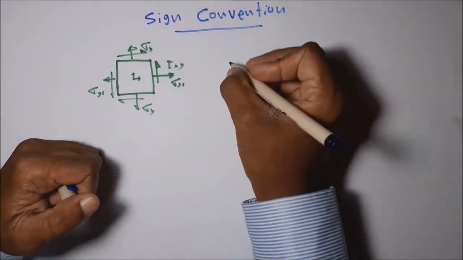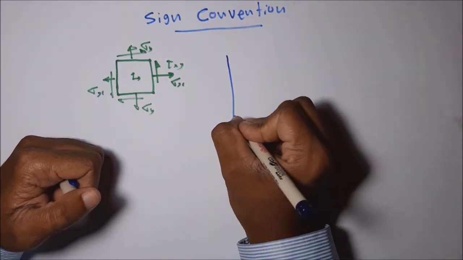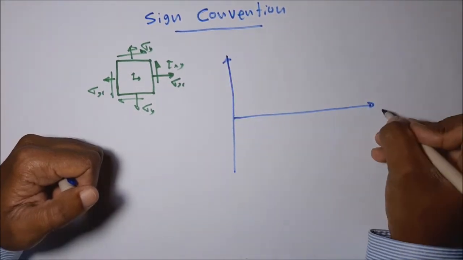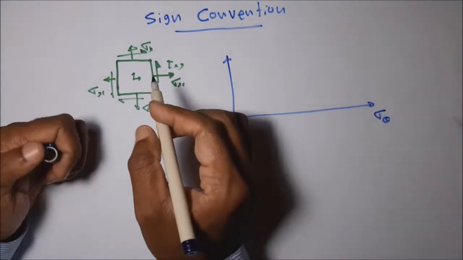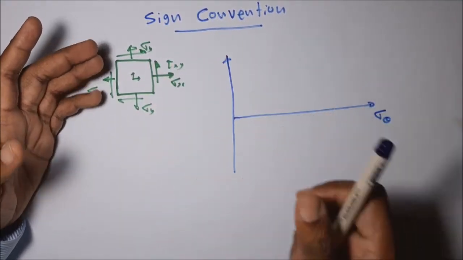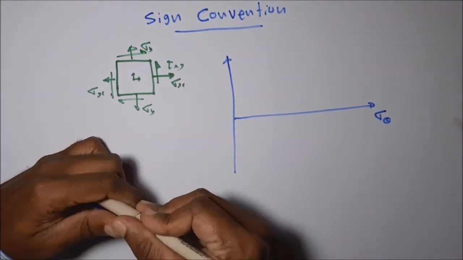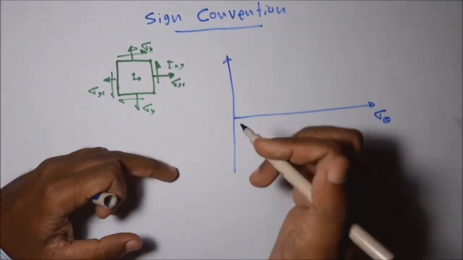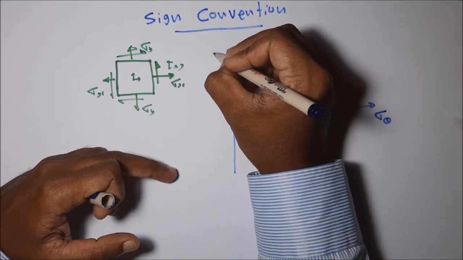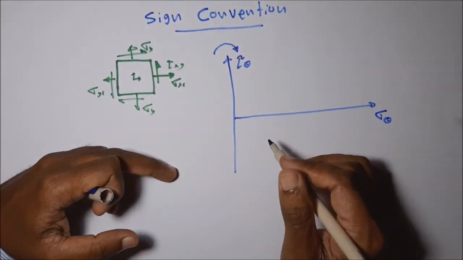When drawing the Mohr circle diagram, that is very important: we have to adhere to a sign convention. For sigma theta it is the same. If any stress acts outward from the considered plane, we take it as positive. But when taking the shearing stress, we have to consider one direction of shearing stress as positive.